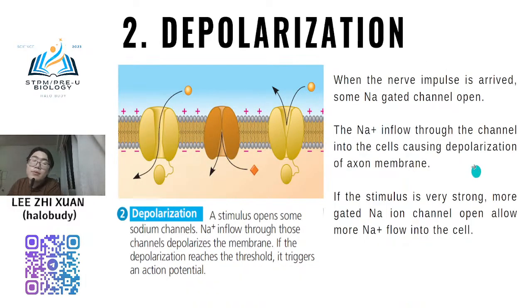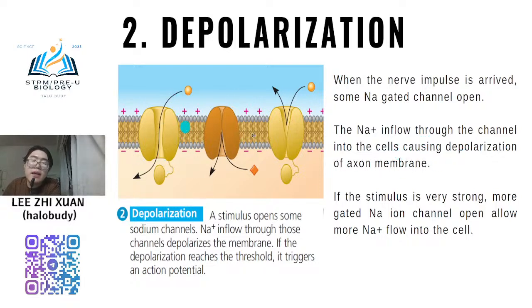Okay. But when the nerve impulse starts to arrive at the beginning of the axon, your sodium voltage gated ion channels will start to open. But not all, only a few of them will open. So sodium ions will pass through into the axon, influxing through the channel, causing depolarization.